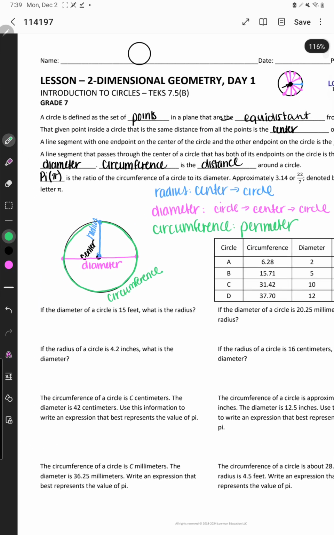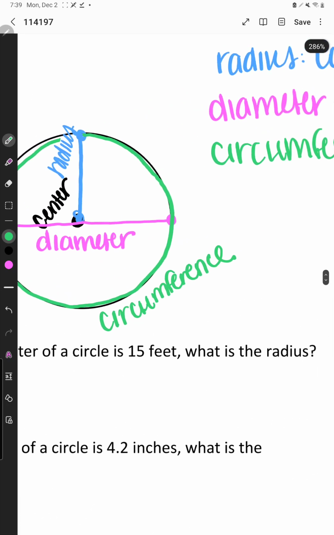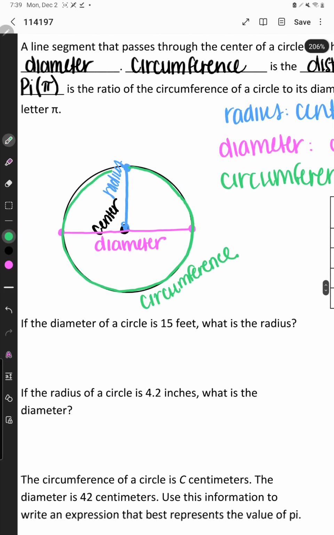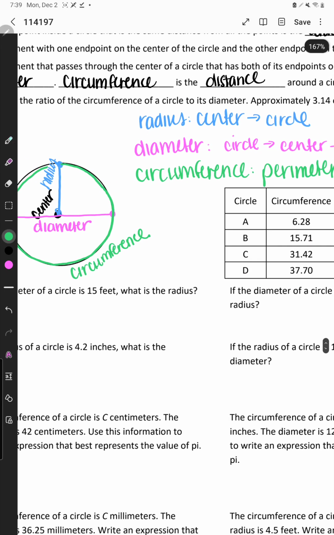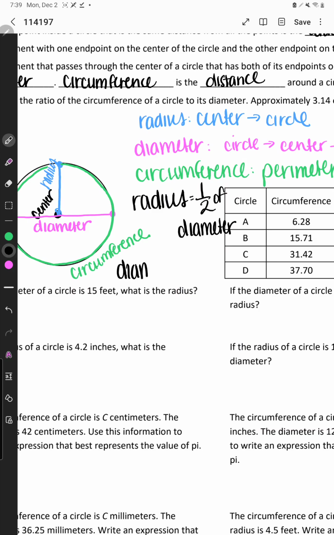Okay, now something else you need to know is that the radius is half of the diameter. And then you also need to know that the diameter is double the radius.